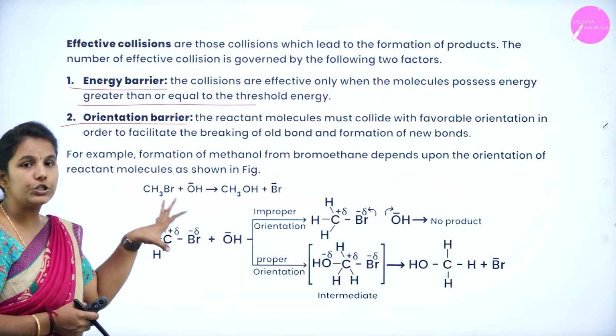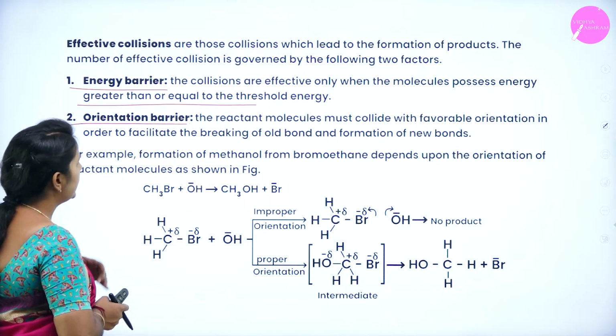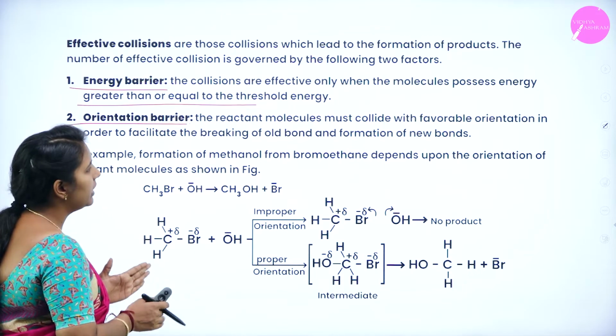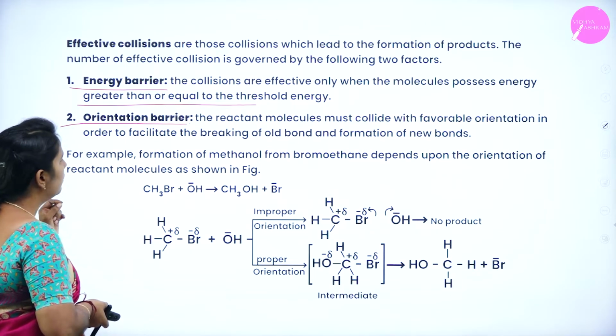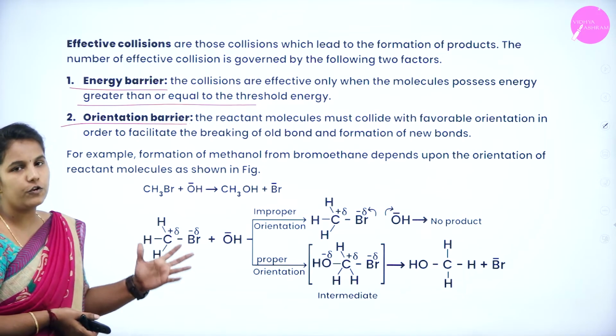And coming to the orientation barrier, the reactant molecules must collide with a favorable orientation in order to facilitate the breaking of the old bond and the formation of a new bond.